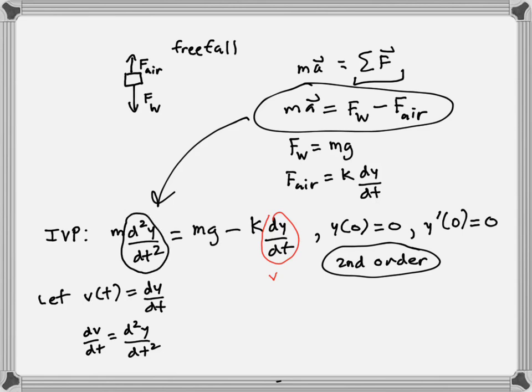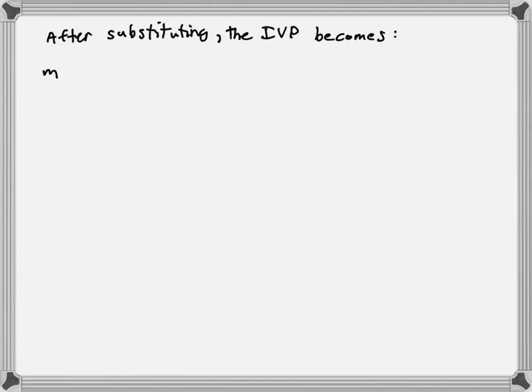After substituting, the IVP becomes m times dv/dt is equal to mg minus k times v.